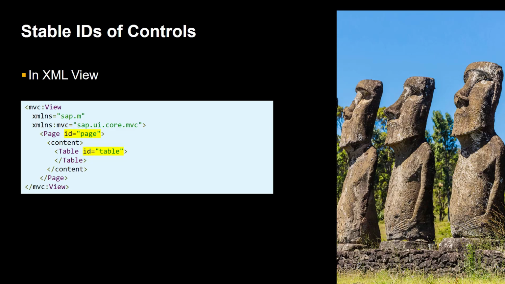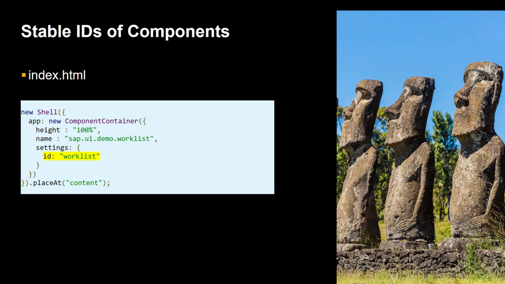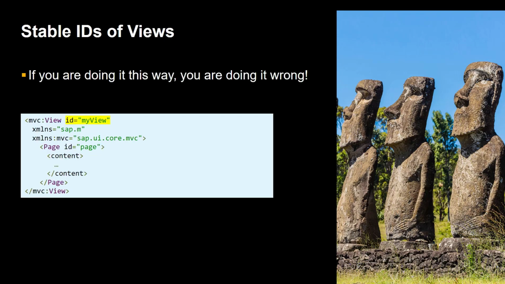If for some reason you want to create a control in the controller using JavaScript code, then you must use the createId method. For the component, we will do this in the index.html. But this will be relevant for standalone applications because FLP apps don't have an index.html.